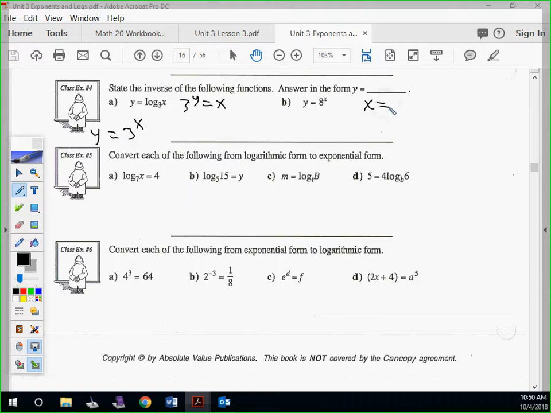That's hard for me to do because we're back to this problem. So we need to write it with log. Because if I change this to a log, what's the equals part? The y, because that's the exponent. So it's y equals log base 8 of x. And so we've answered their question in y equals form. Okay? Good?